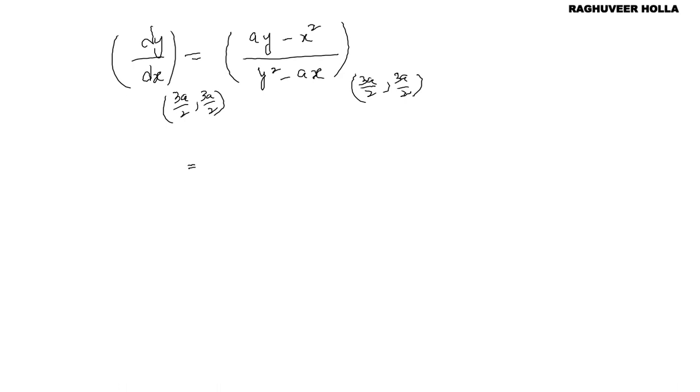When you substitute it, we will get dy by dx is minus 1. Let us take this as equation 1.